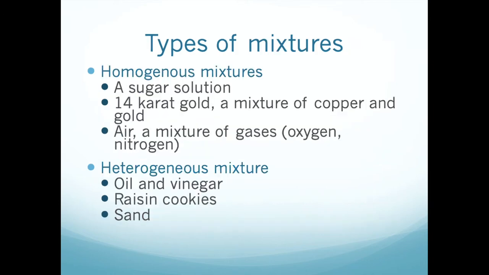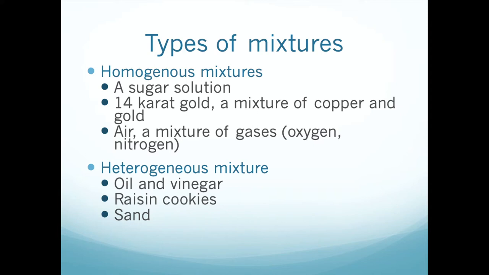Okay, so here are some examples to keep in mind. Again, if you know there's more than one substance mixed together and that's a mixture, and looking at that mixture it looks like one uniform thing, then you know it is a homogeneous mixture.